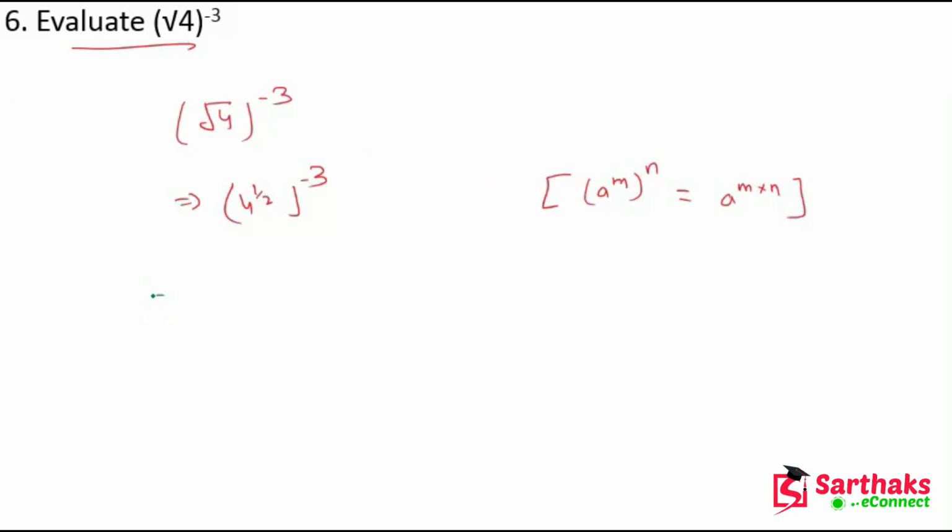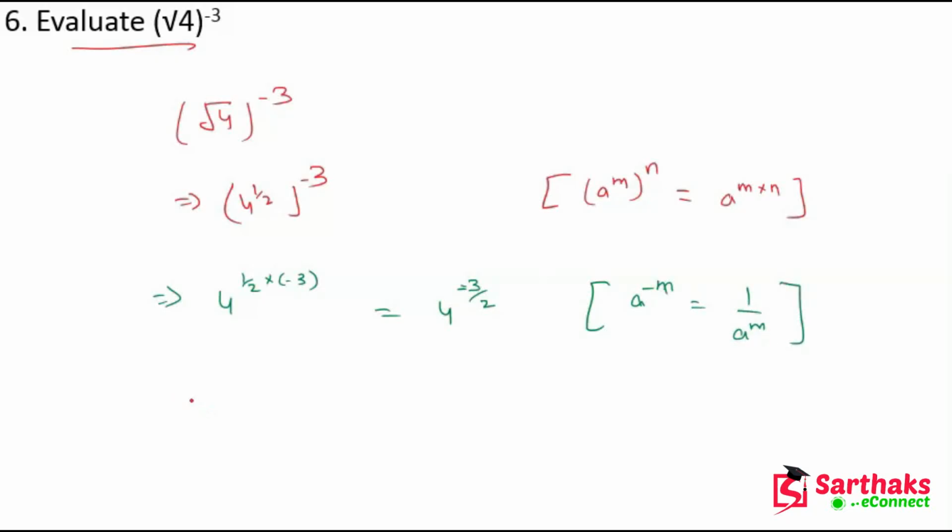So we can write 4 raised to power 1 upon 2 into minus 3. So this will become 4 raised to power minus 3 upon 2. Here the power is negative, and we know that if a number has a negative power, we can write it as 1 upon a raised to power m.